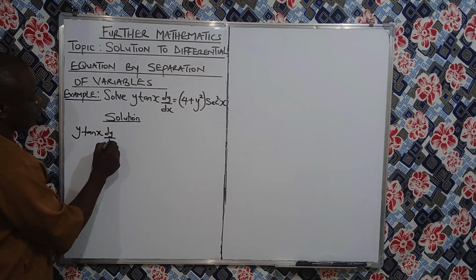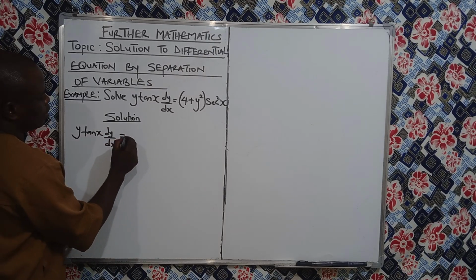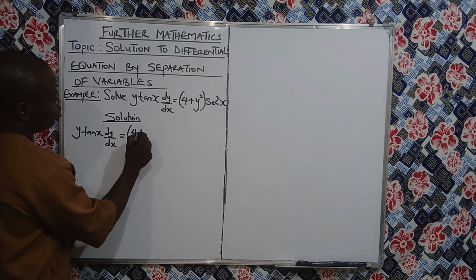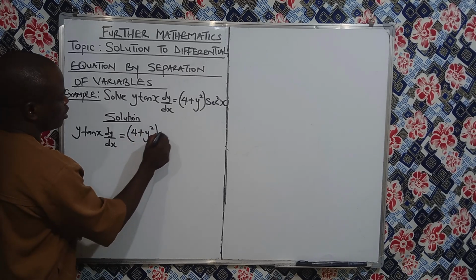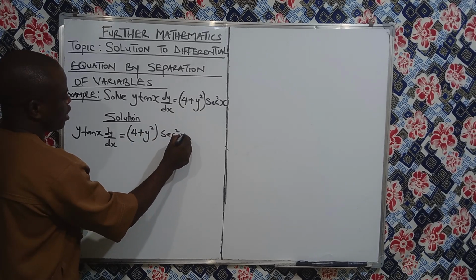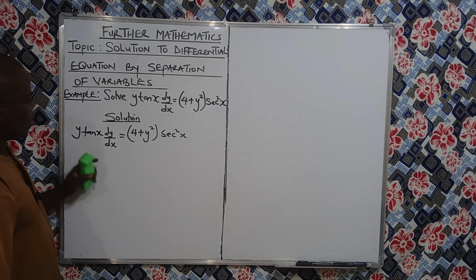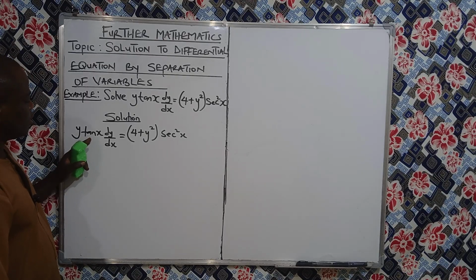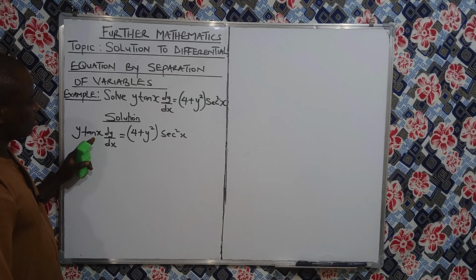y tan x dy over dx equals 4 plus y squared sec squared x. You can see that tan x is an expression of x.